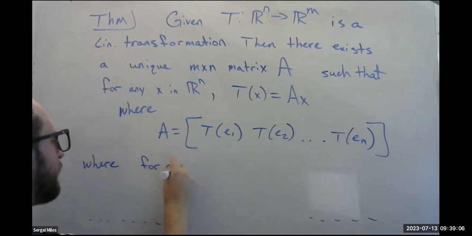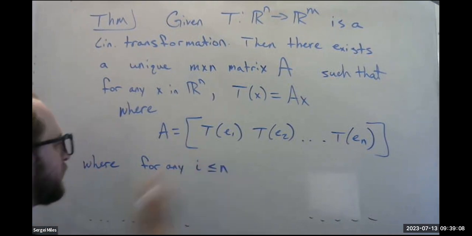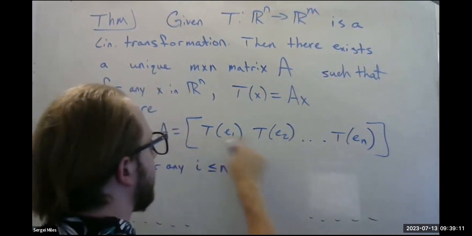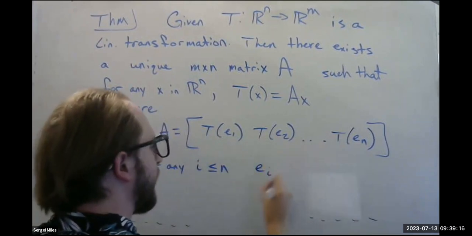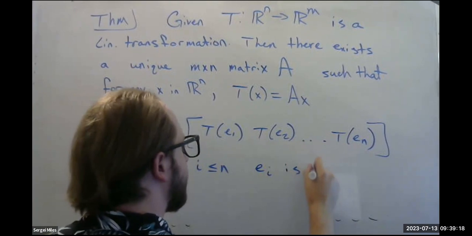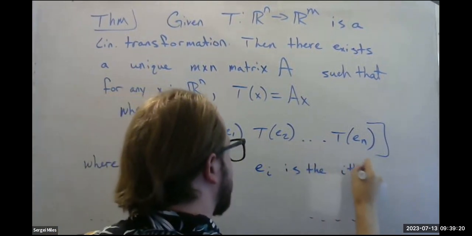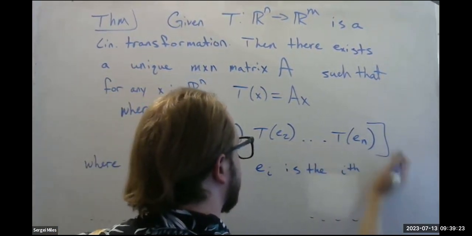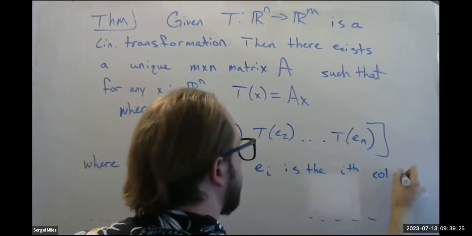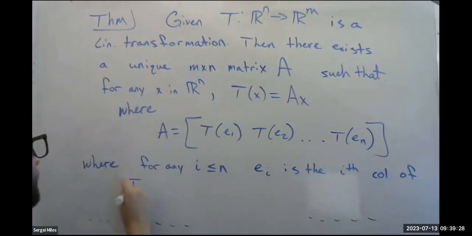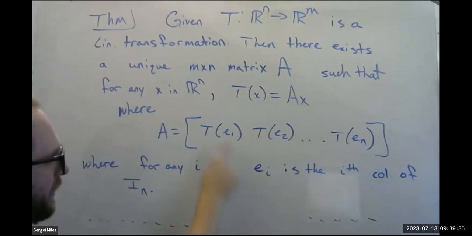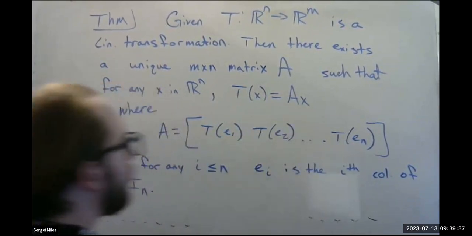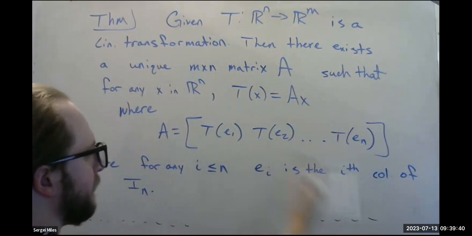For any i less than or equal to n, Ei is the ith column of the identity matrix for Rn, which is exactly the definition we had for these guys: E1, E2, E3, E4, and so on. These are the columns of the identity matrix.